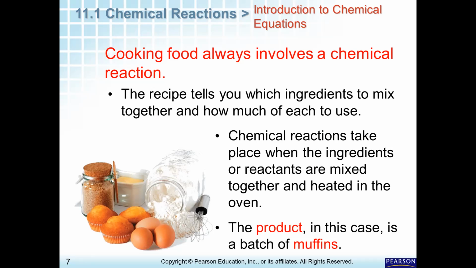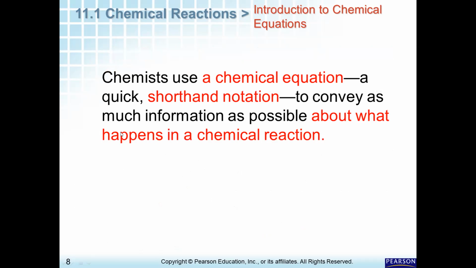But anyways, this is also a chemical reaction, because basically you put in ingredients which have chemical compounds, the eggs, the flour, the sugar, and whatever, and you heat it up. When you heat it in the oven, that is basically a chemical reaction that results in your muffins. If you want to write that chemical reaction, you would write eggs plus this plus that.